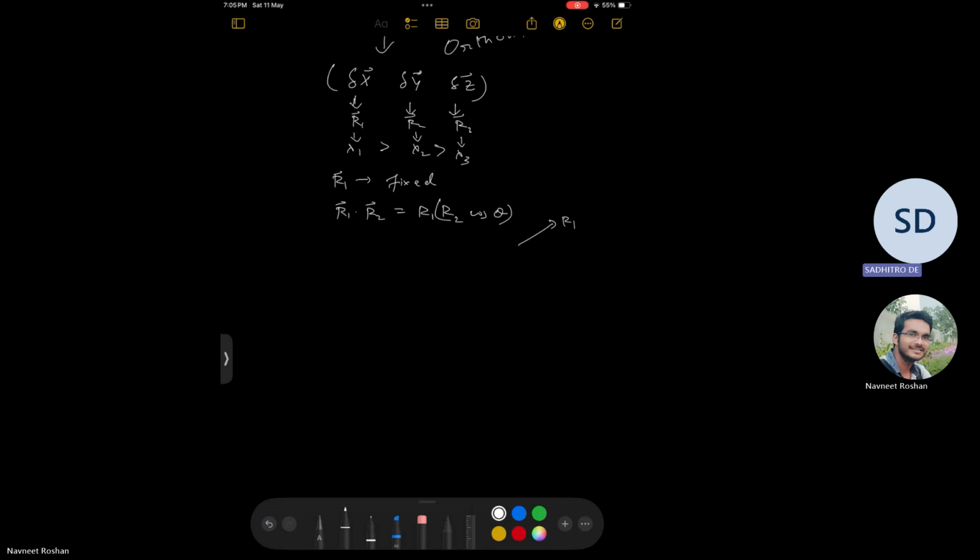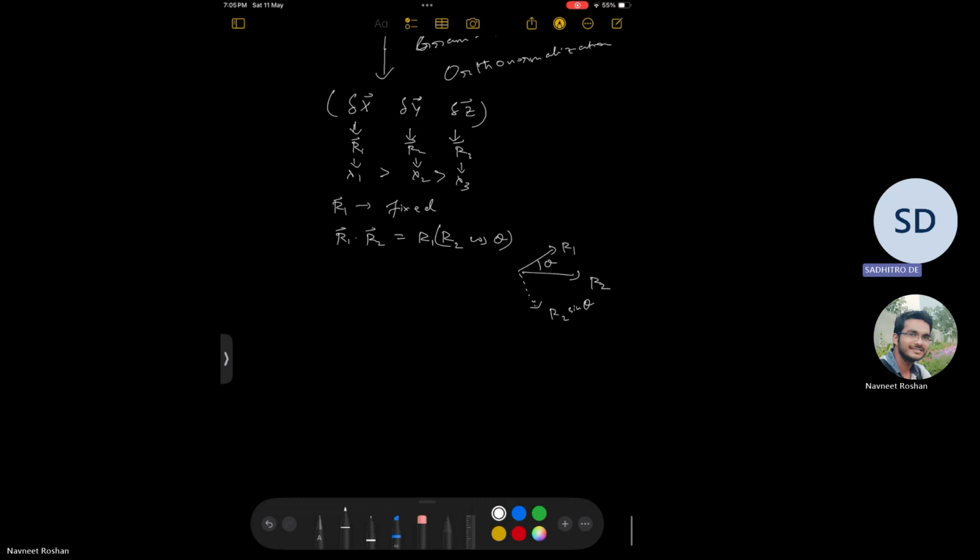So this is R1, this is R2, and this is theta. Then what will this be? This will be R2 sine theta. So we take the projection of R2 in this direction, and then the new vector R2 becomes R2 sine theta into the new unit vector R2 cap, where R2 cap is the unit vector in this direction, which is orthonormal to R1.